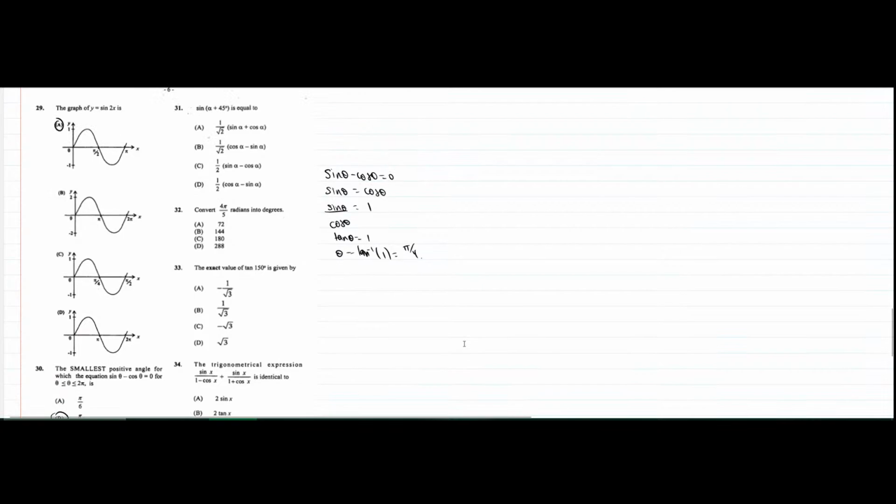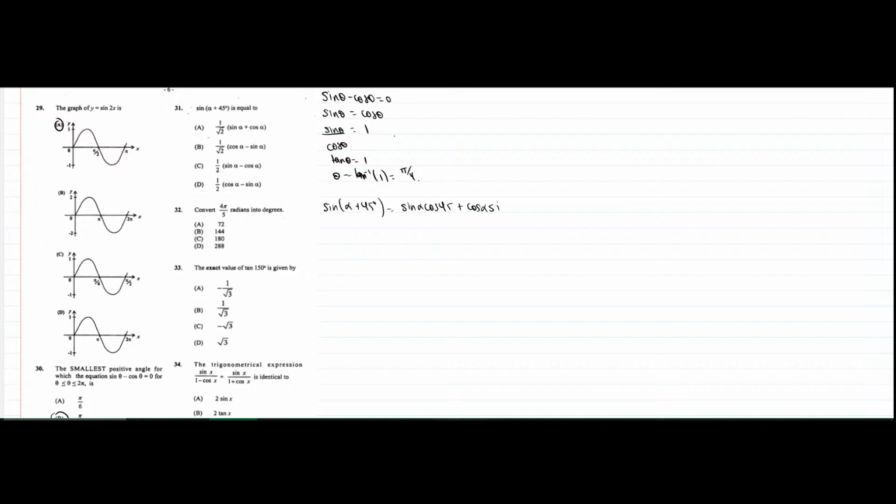Number 31 now. Sine of that is equal to, again there's a compound angle formula, and luckily you just get compound angle formulas in your exam. Sine of alpha plus 45 degrees, that is sine alpha cosine 45 plus cosine alpha sine 45.